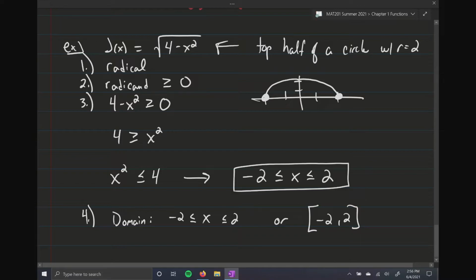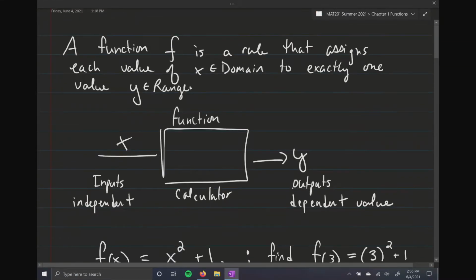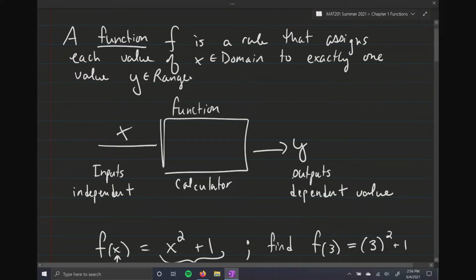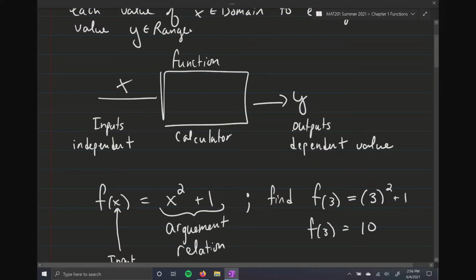But anyways, we definitely did a bunch so far, and I just want to recap what we did. I'm going to scroll all the way up because we're going to change gears a little bit. First, we defined what a function is. We think about it as a calculator where we have inputs and outputs, or independent values and dependent values.